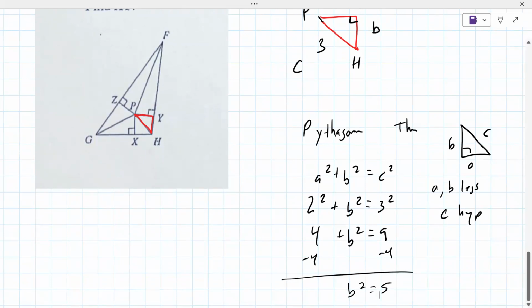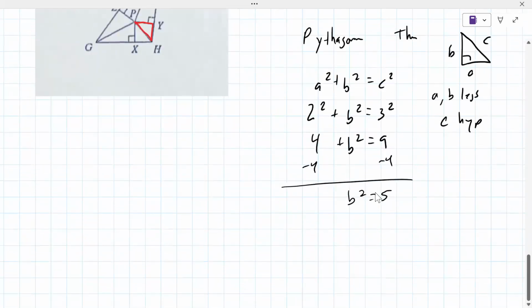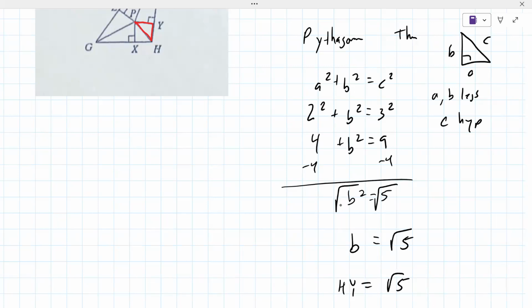You have to undo the square. Do you remember how to undo a square? Would you multiply? Nope, different operation. Divide? Square root. Square root of both sides. So B is the square root of 5, or in your problem here, HY is the square root of 5.